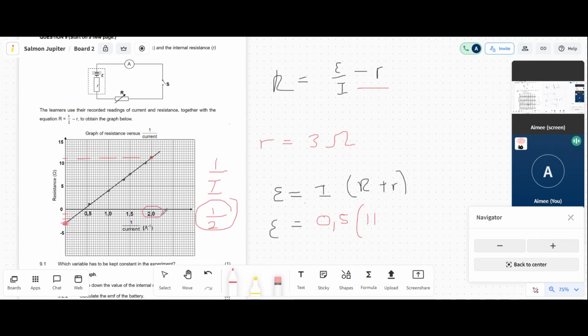So you take your value for current, and you say 1 over what you get on the graph to get what needs to be substituted in here, which is 0.5. I apologize for that small mistake. Then we substitute in 3 for r, and you put that in your calculator, and what do you get? You get 7 volts. Pretty straightforward.